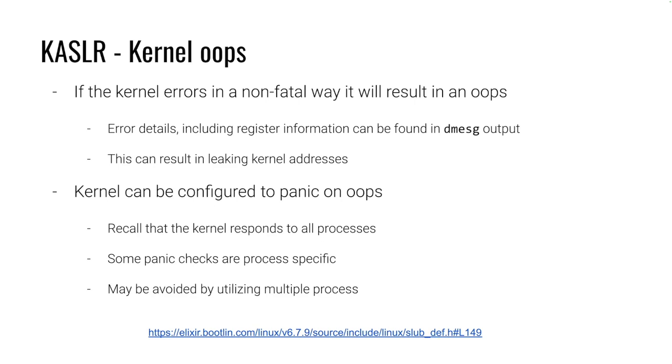I'm purposely being a little bit vague here, but by leveraging multiple processes, you can get the kernel to not perform some of the checks that would result in a panic. And so that's something that is definitely worth considering if you are trying to get a leak to defeat KASLR on a system that is configured to panic on oops.